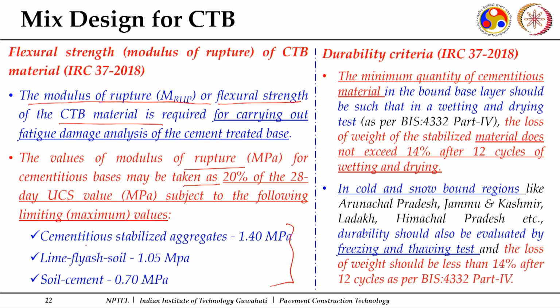If it is cementitious stabilized, the modulus of rupture can be considered as a maximum of 1.4 megapascals, if it is lime fly ash soil, it will be 1.05 megapascals, and if it is soil cement, it has to be 0.7 megapascal. So, this is again a requirement.